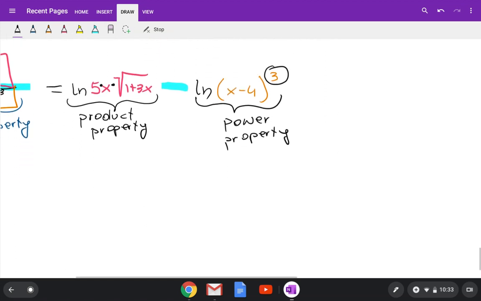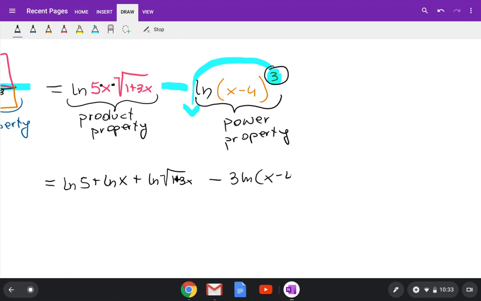So let's continue working. The ln of a product becomes the sum of logs. So this is the same as ln of 5 plus ln of x plus ln of square root of 1 plus 3x. So product becomes sum. Minus, here we're moving that 3 right in front of ln. So we'll have minus 3 ln of x minus 4. And let's simplify better.